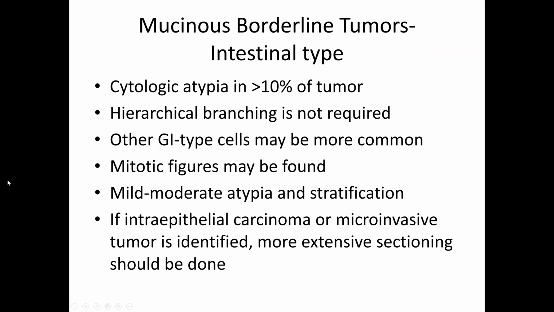It may have other types of GI cells, Paneth cells, and so forth. But you certainly may find mitoses and varying degrees of atypia and stratification. If you find intraepithelial carcinoma or microinvasion, then you want to make sure that you've thoroughly sampled it to not miss a potential area of invasion.